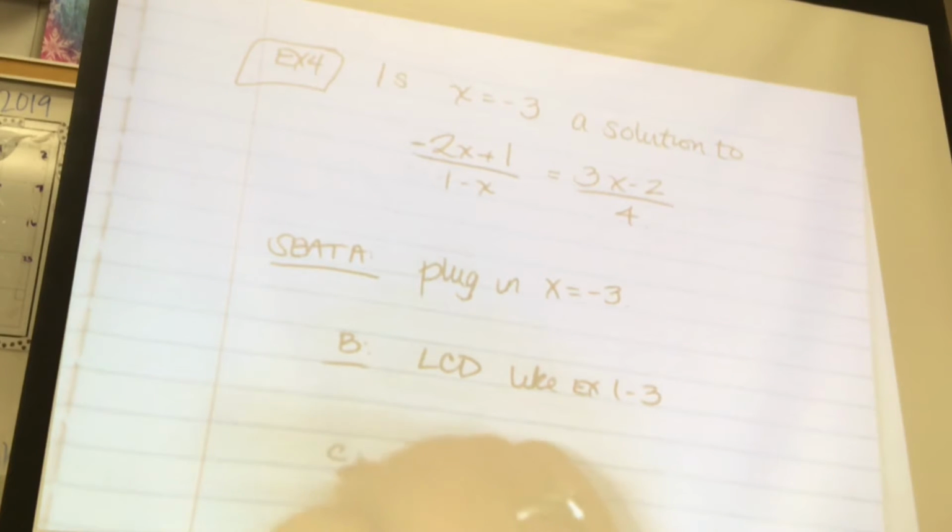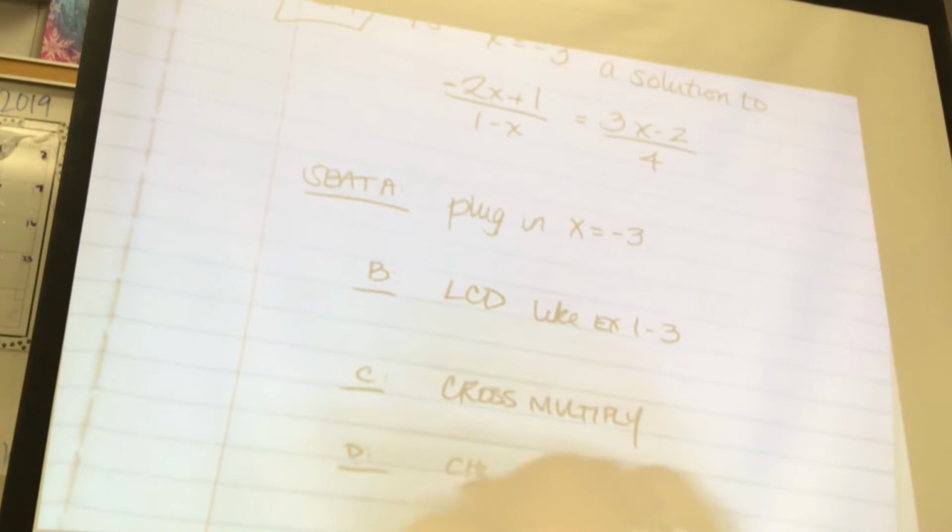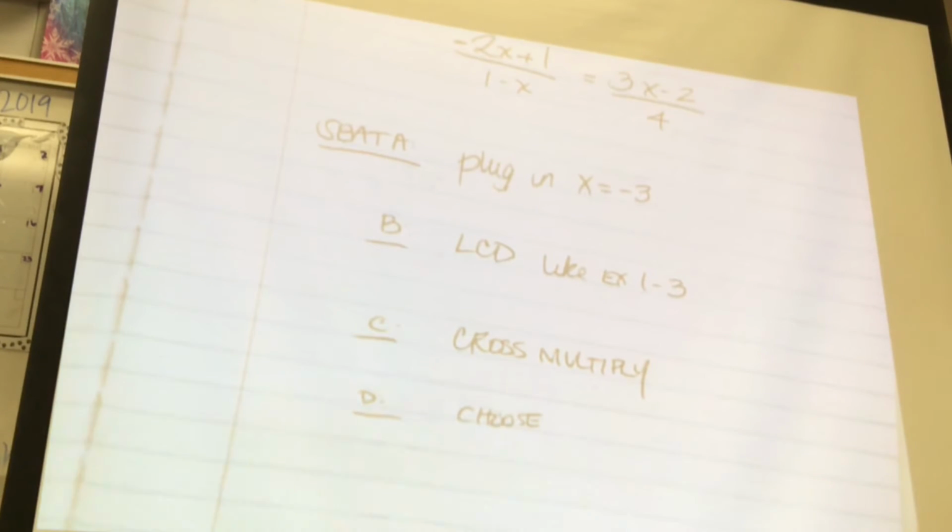If you're in seat C, I would like for you to use cross multiplication. And if you're in seat D, you get to choose one and see which of the 3 you prefer to use to find out if it is an actual solution. I'll check in with you in about 15 seconds.